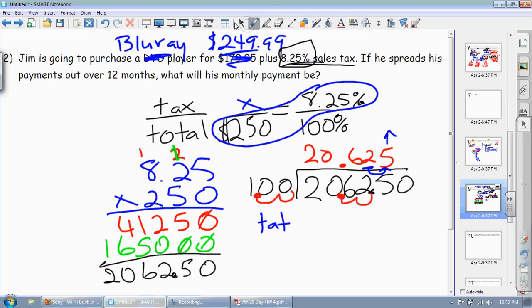So we can say tax is $20.63. We need to add that to the price, which is $249.99.